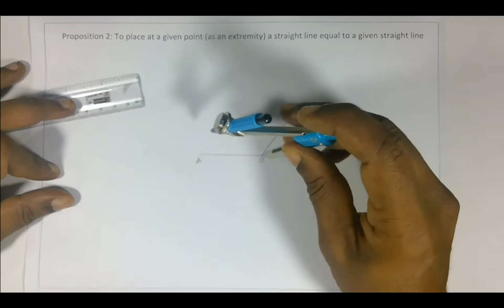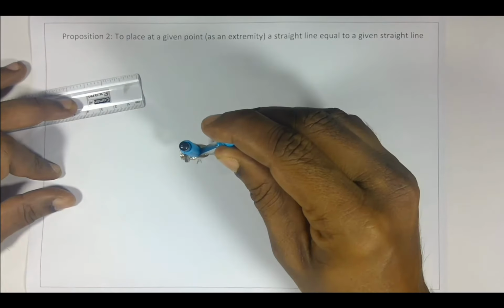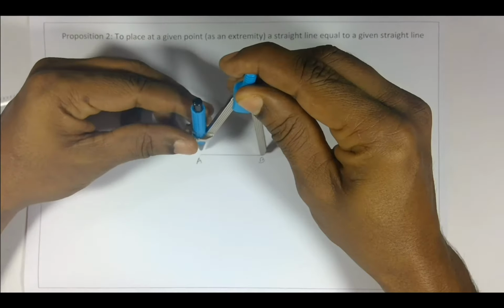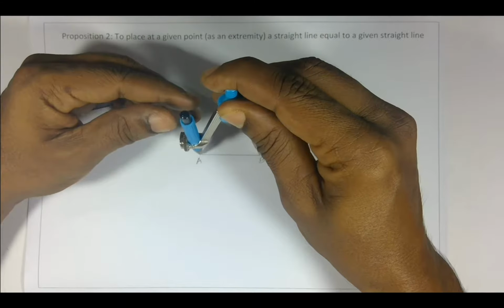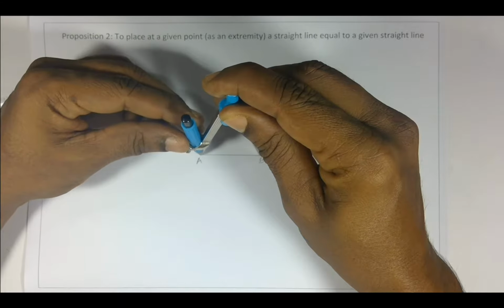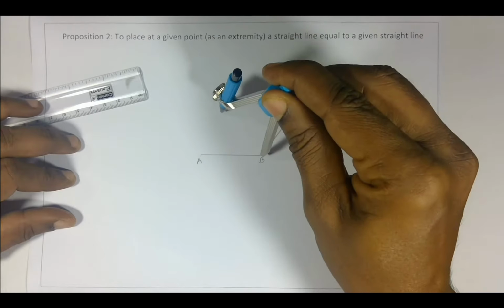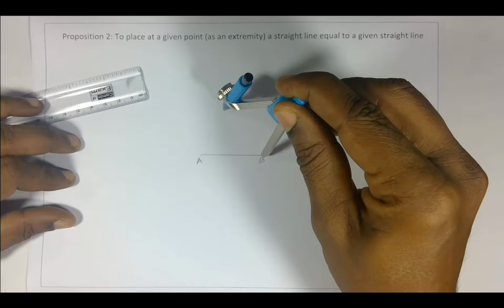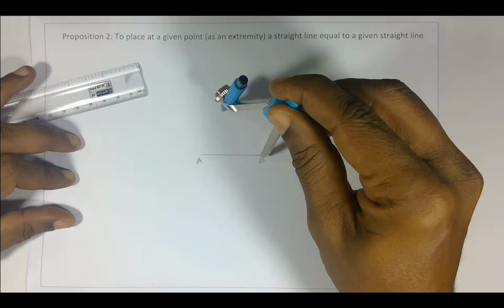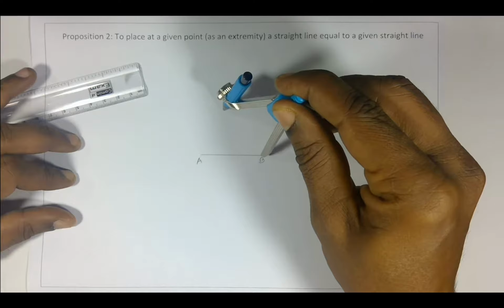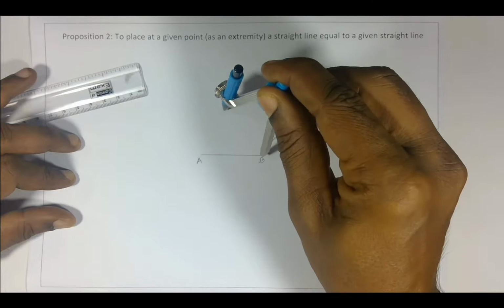Let's create an equilateral triangle. A little bit of adjustment is required. Now remember, we can use all the propositions which we have already learned. So we have learned in proposition 1 how to create an equilateral triangle on a given line.